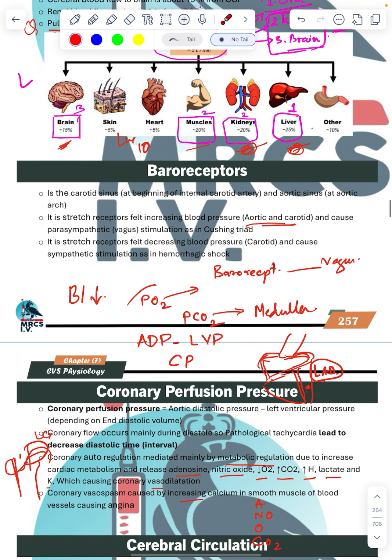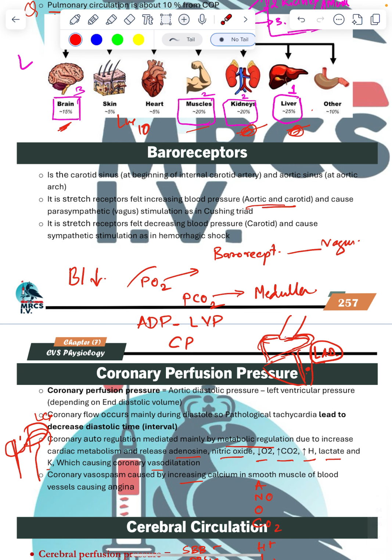What are baroreceptors? There are two types of baroreceptors, present in the carotid sinus at the beginning of the internal carotid artery and in the aortic sinus at the aortic arch. They are stretch receptors that sense increasing blood pressure in the aorta and carotid and cause parasympathetic stimulation, as in Cushing's reflex. These stretch receptors sense increasing blood pressure and cause vagus stimulation.